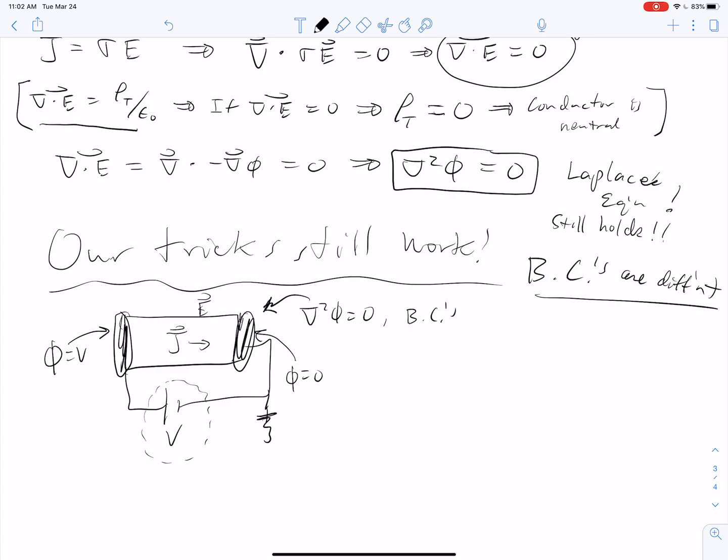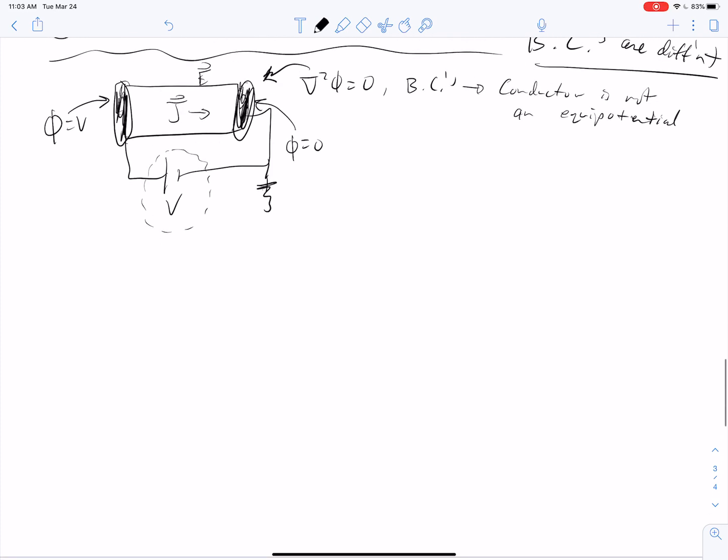All of our mathematical tricks still work, with just this very slight difference that we're going to have different boundary conditions, because now we have the batteries across the conductor, and so the conductor is not an equal potential surface, but that's okay. We can still solve Laplace's equation for this new situation and figure out what the potential is everywhere, and what the current density is. Okay, so I just wanted to make that point.